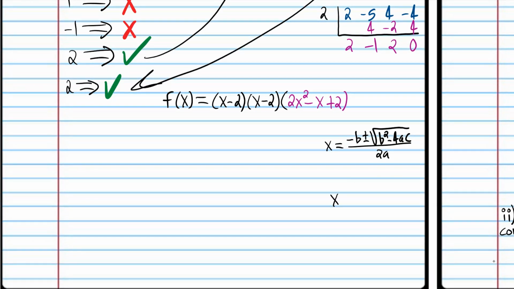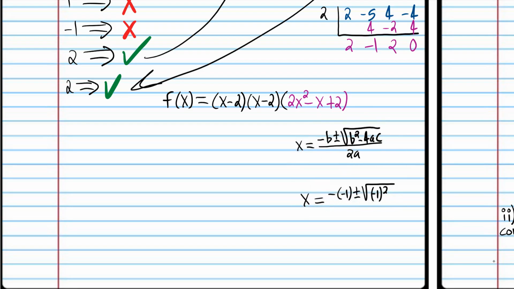So if we plug in numbers, we get -b plus or minus root b squared minus 4 times a times c, and all of that is divided by 2 times 2.